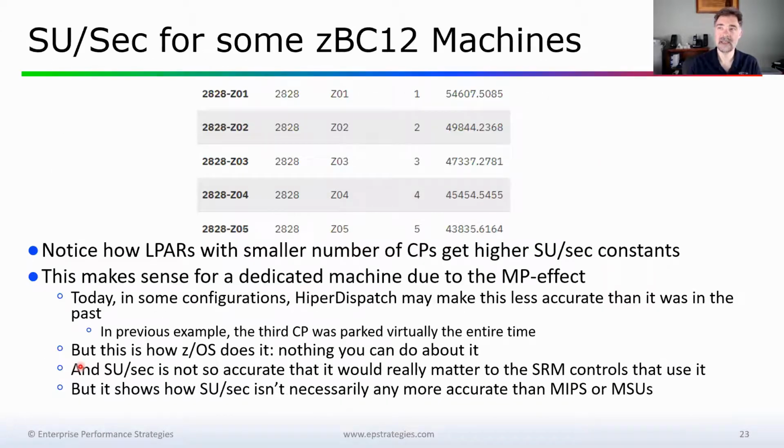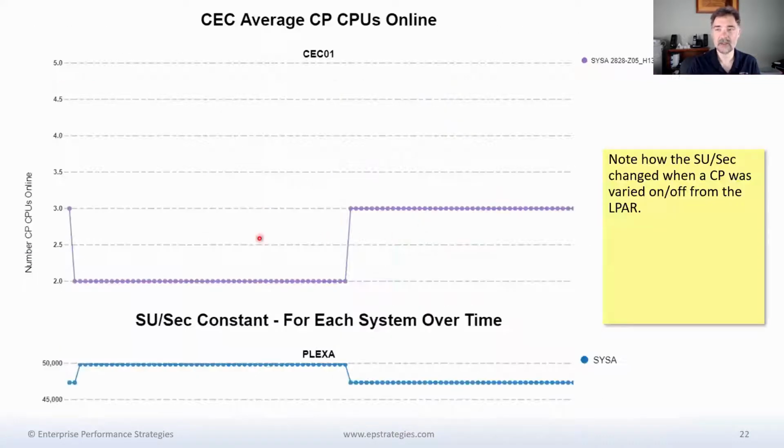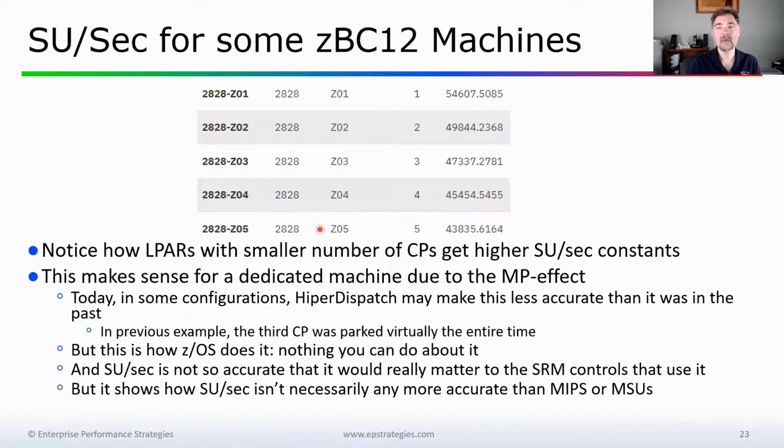This is just an example of some BC12 machines, service units per second constant, and you'll notice that as the number of CPs go up, the service units per second goes down. Just like back here in this chart, when we took a CP offline, the service units per second went up, right? And why is that? Well, again, what they're trying to do is take into account the MP effect, the issue of having multiple CPs sharing cache, and there will be more contention for that cache.